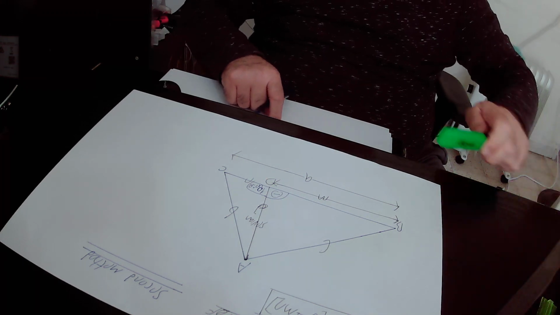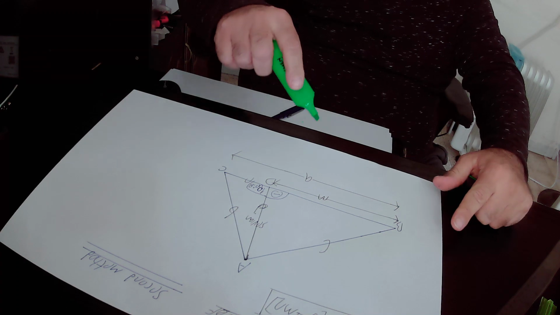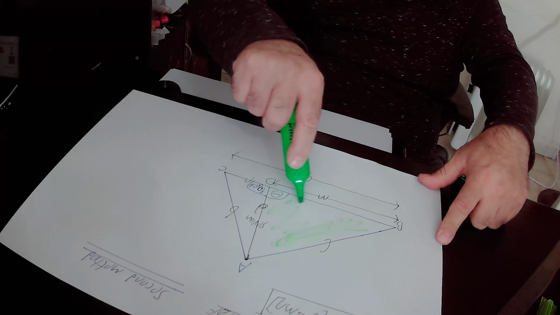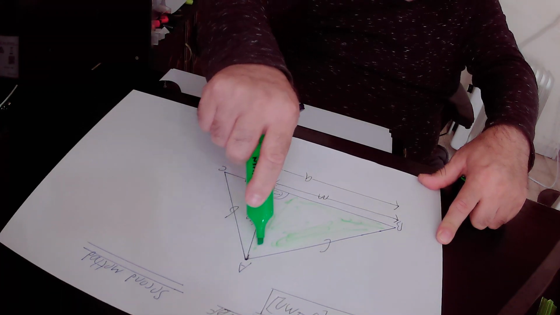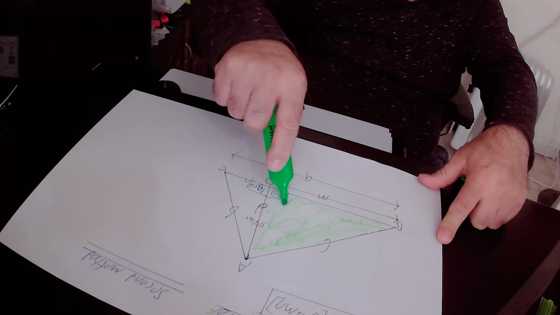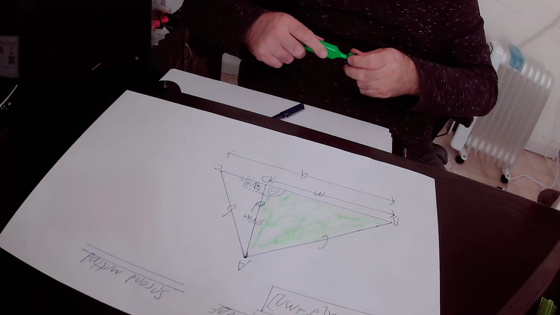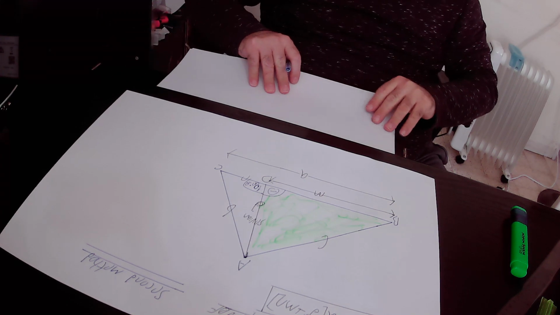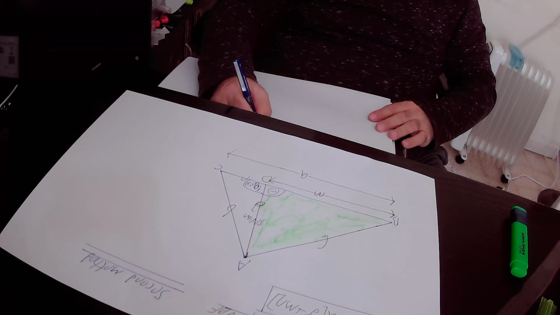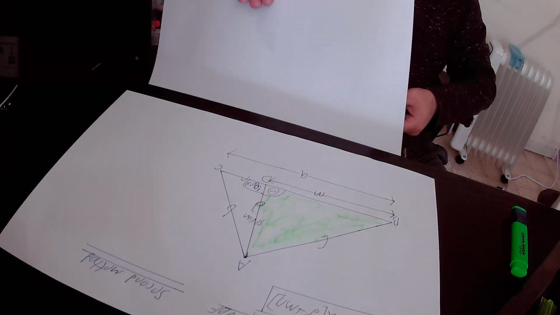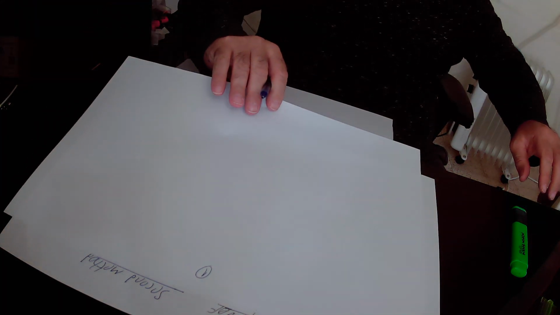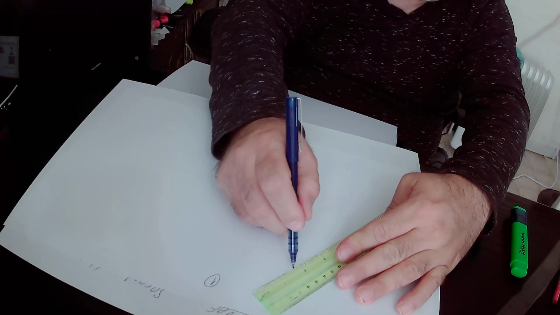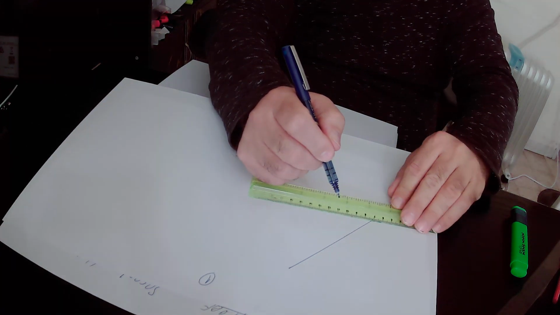We'll implement the law of cosines in the plane triangle ADC. So I remind you, what is the law of cosines? The law of cosines is true in any triangle. So here we have triangle ABC that could be any triangle.